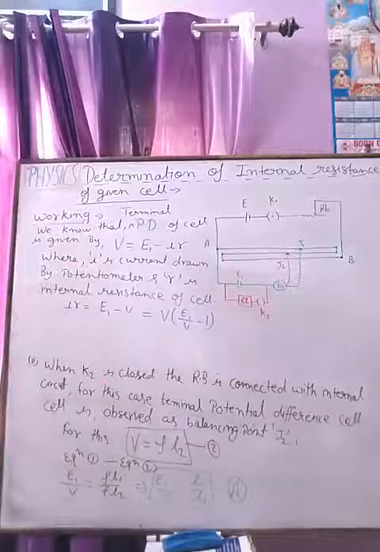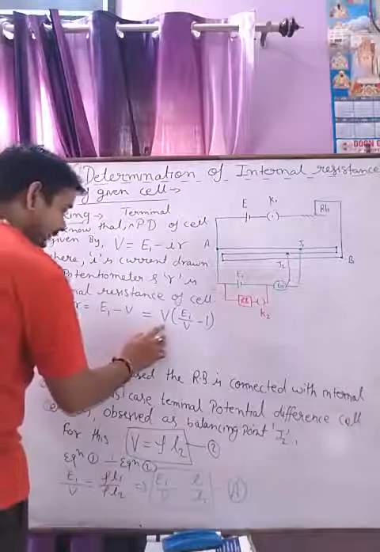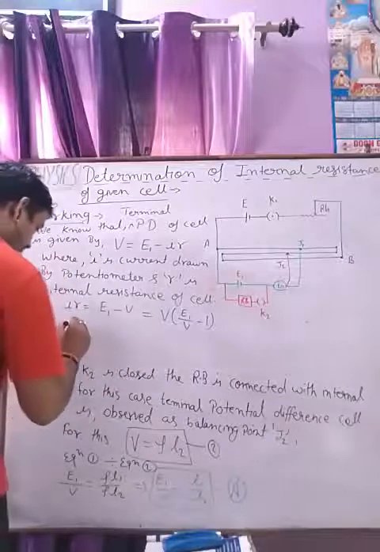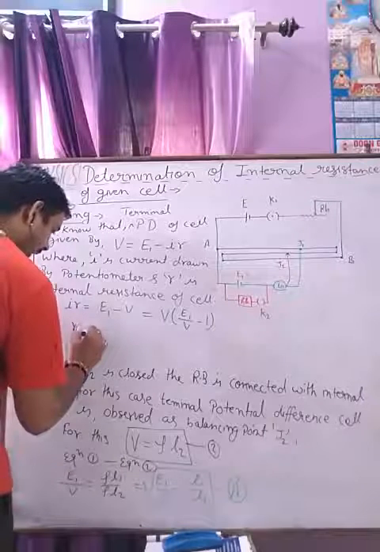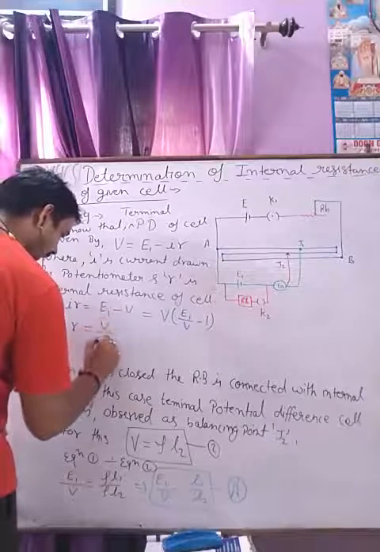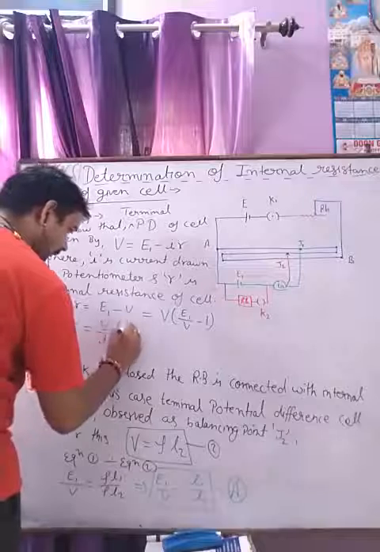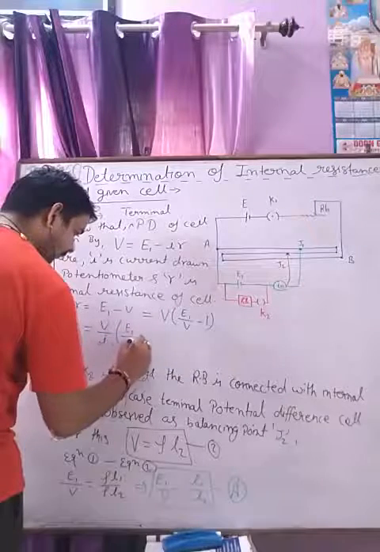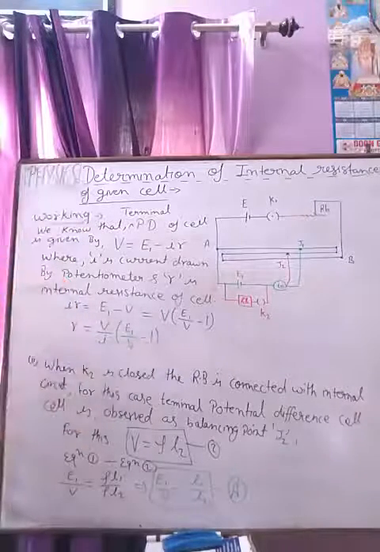Now this I is transferred here. So small r is equal to V upon I, times (E1 upon V minus 1). Okay.